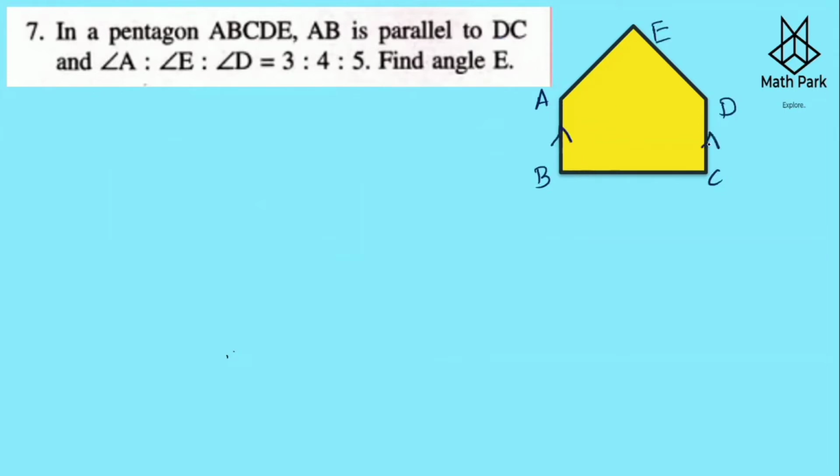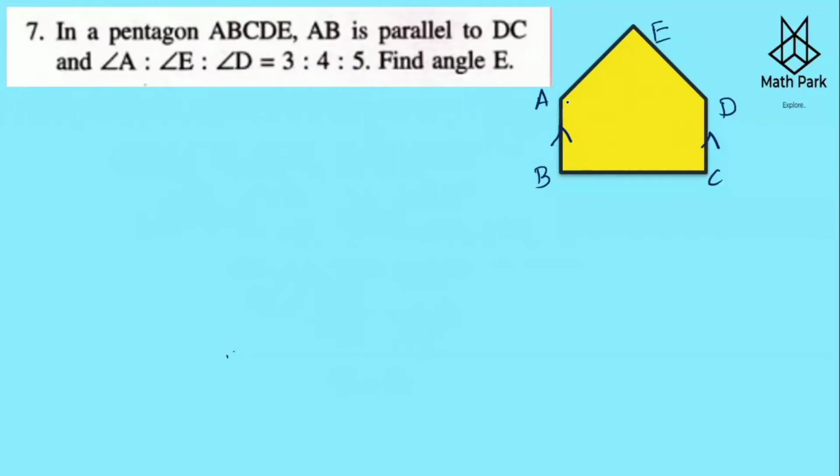Okay. Moving to question number 7. In a pentagon ABCDE, wherein you have AB parallel to DC, let this be ABCDE. So AB is parallel to DC and angle A : angle E : angle D is 3 : 4 : 5.